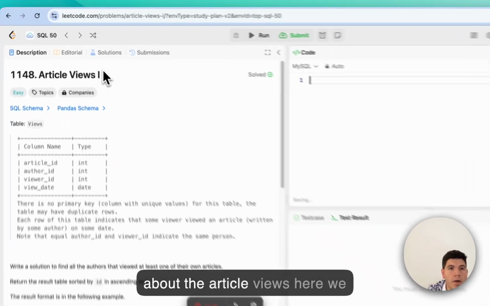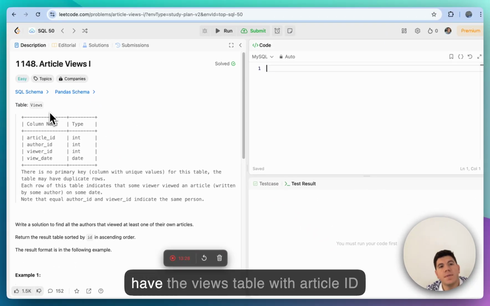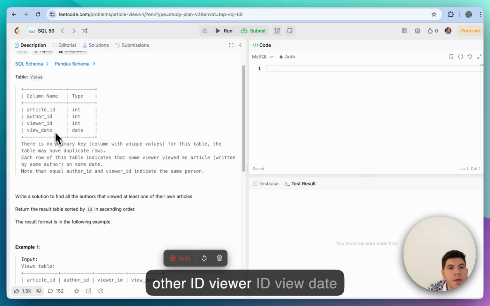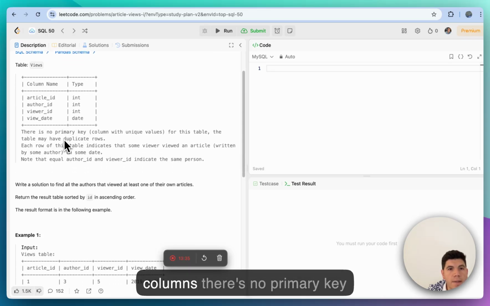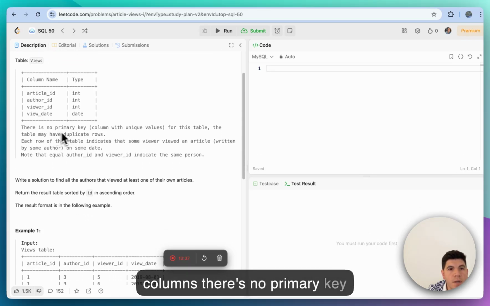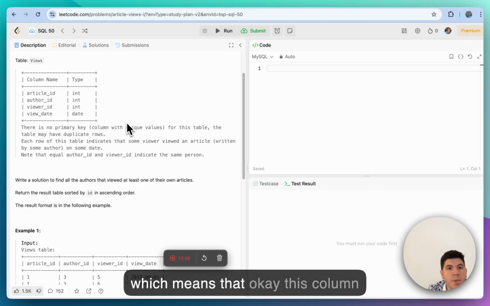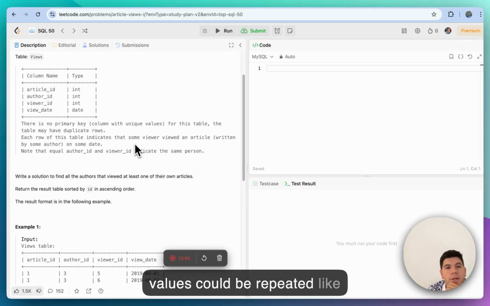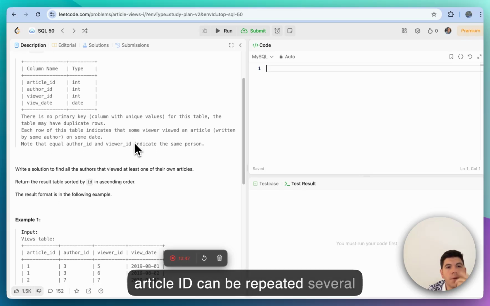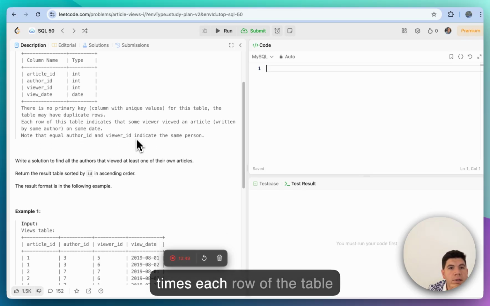third question about the article views. Here we have the views table with article ID, author ID, viewer ID, view date columns. There's no primary key, which means that the column values could be repeated, like article ID can be repeated several times.